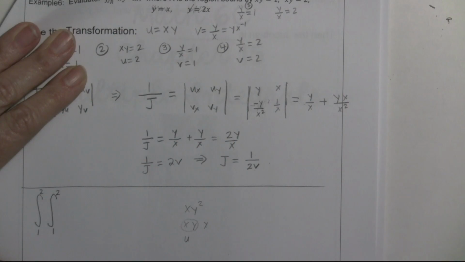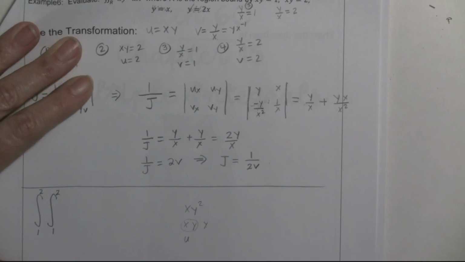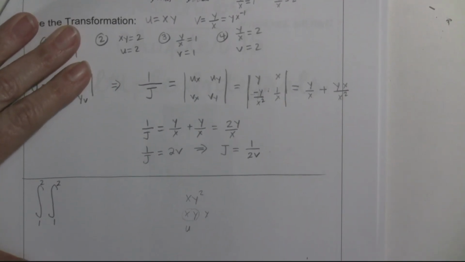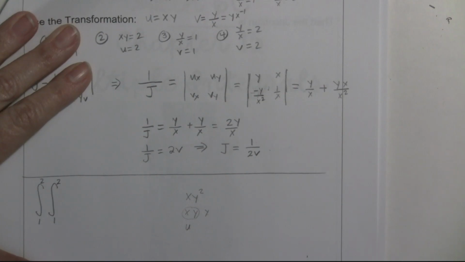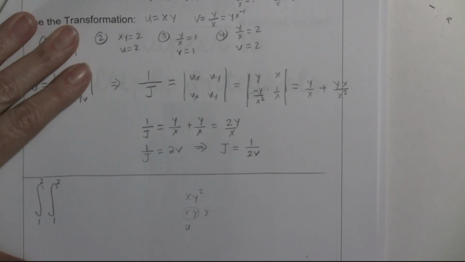Because that's what I want to have. How will I accomplish that? What will be my plan so that I can get rid of all of the y's and turn them all into u's and v's? So I just started trying a bunch of stuff to see if I could make it work. And that's what I did.